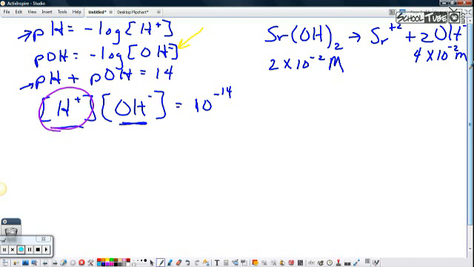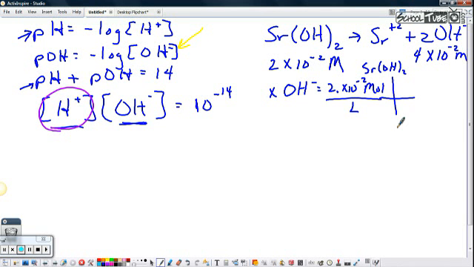I'm looking for OH minus, equals 2 times 10 to the minus 2 molar Sr, that's moles per liter Sr(OH)2, and then I have to have a mole-mole ratio, which means 1 mole of Sr(OH)2 and 2 moles OH-. So I multiply those. Goes back to what we were talking about.